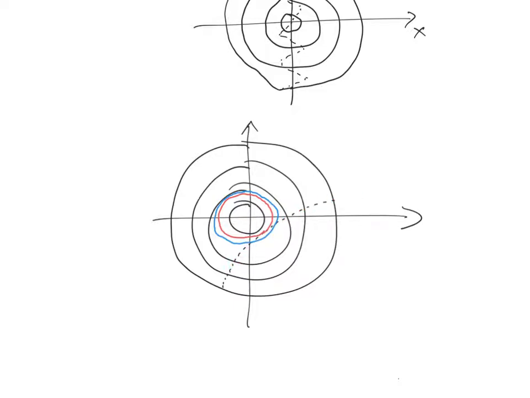So if I say, remember this is x and this is y, what's the maximum of that objective function, the hill, what values of x and y would you give me? You'd give me 0, 0, right? Right here. But if I ask you, what's the maximum point on the hill subject to this constraint? You're going to give me the x, y coordinates for this point right here, right?